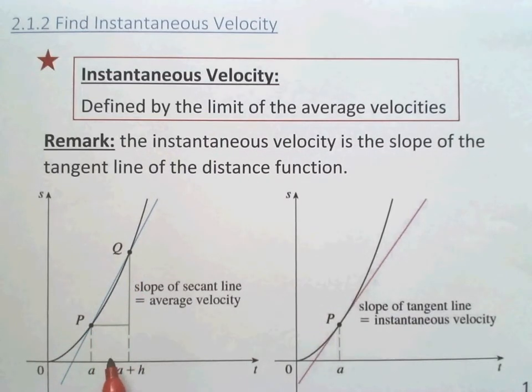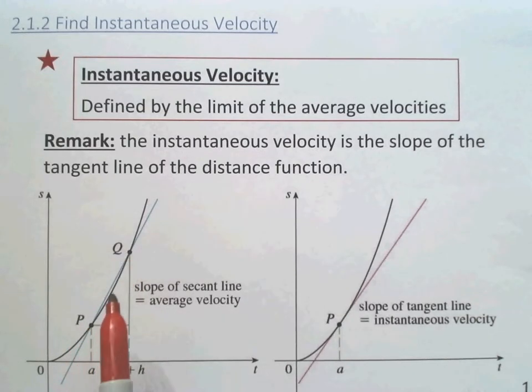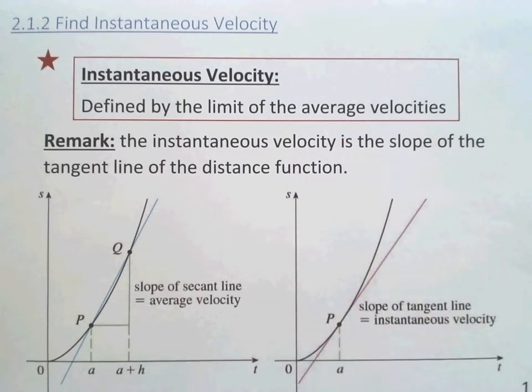We set the time increment, the change in time, as h. From t equals a, the particle moves to the time t equals a plus h, and on the distance function we move from P to Q.